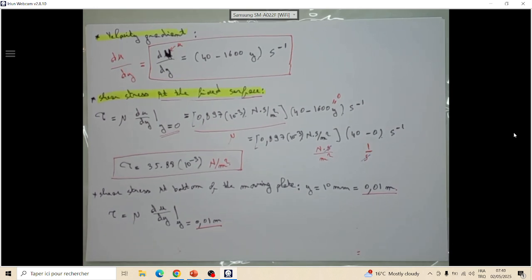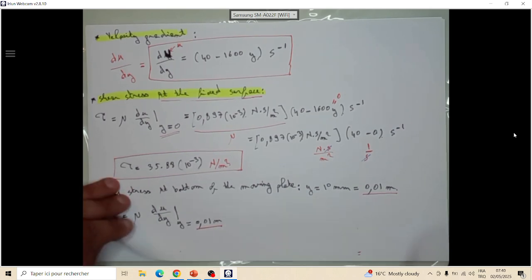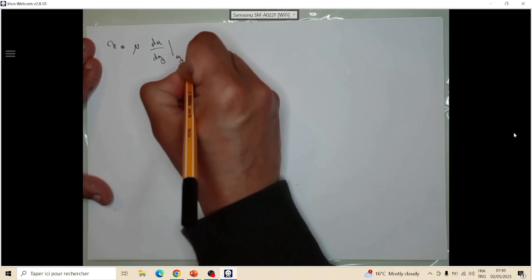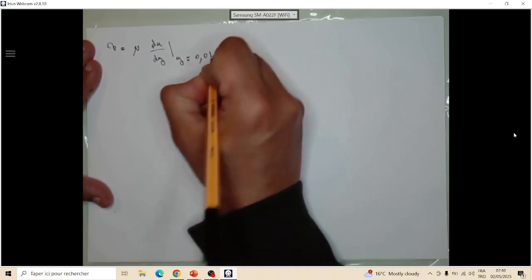Let's continue with our calculation. We have found tau is equal to mu times the derivative of u with respect to y at y equal to 0.01 meter.